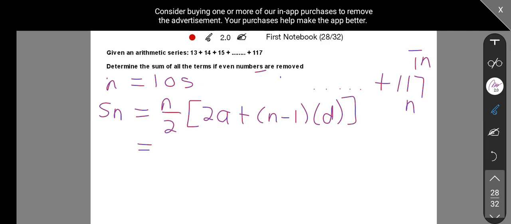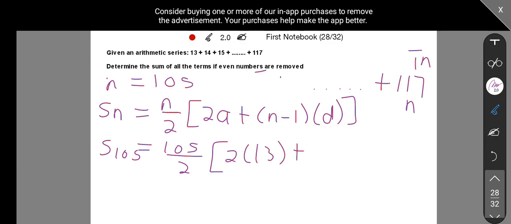So the sum of 105 terms is equal to 105 over 2 multiplied by 2 times the first term, which is 13, plus n is 105, so 105 minus 1, multiplied by the difference, which is 1 as well. So the sum of all the terms will be 105 divided by 2.